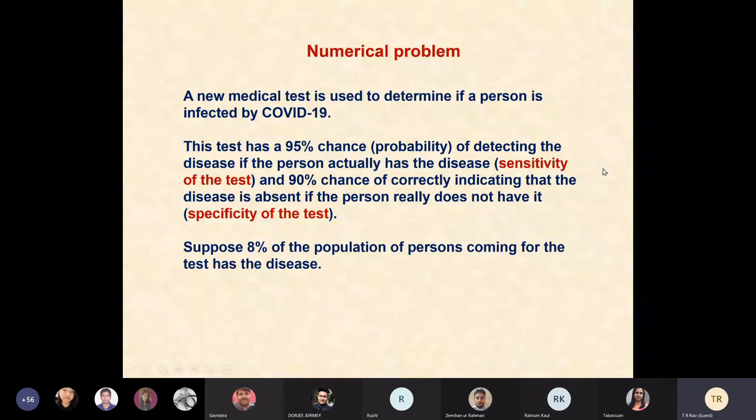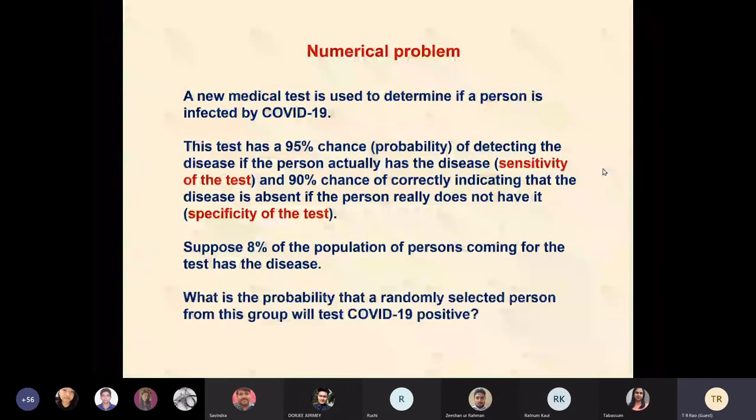Okay, quickly, let me see the time. Assume 8% of the population coming for a test has the disease. So he can test positive either due to a false positive or a real positive.